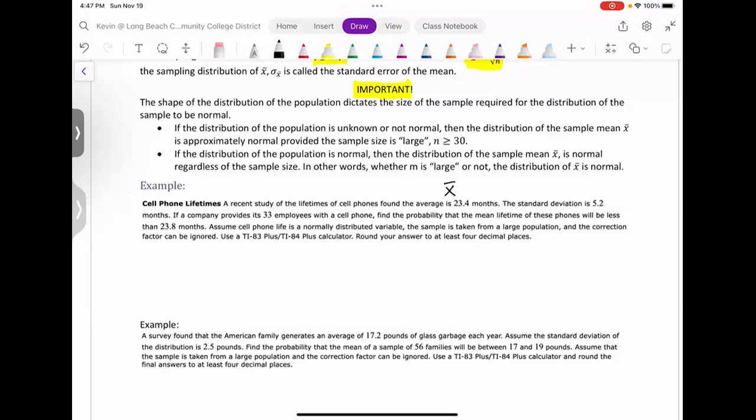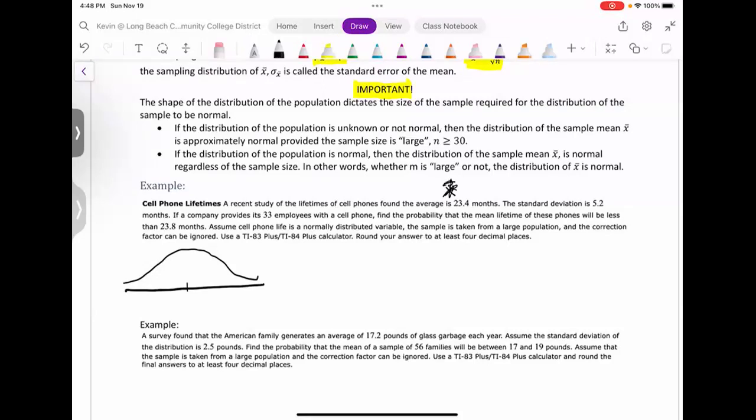All right, so what does this mean for us? Well, when we draw our picture, in the middle here is our mu. I should correct this.